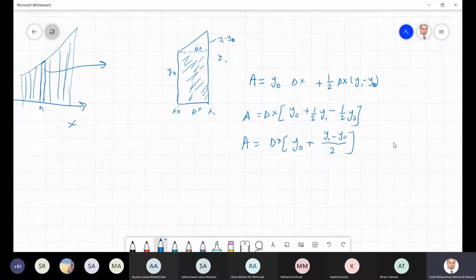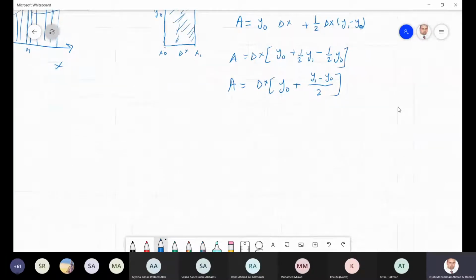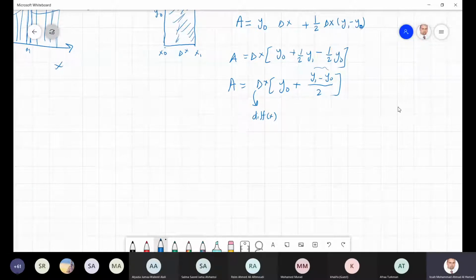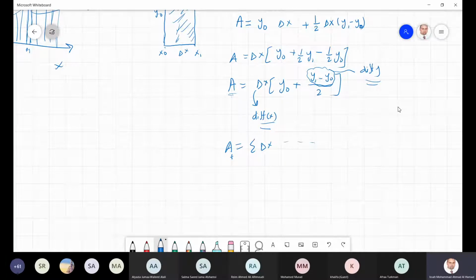Correct? Now delta x in Matlab, we can define it as diff x. And y1 minus y naught in Matlab can be defined as diff y. Okay, so we make use of these two in order to find the value of A. And finally, A total will be the summation of this term.